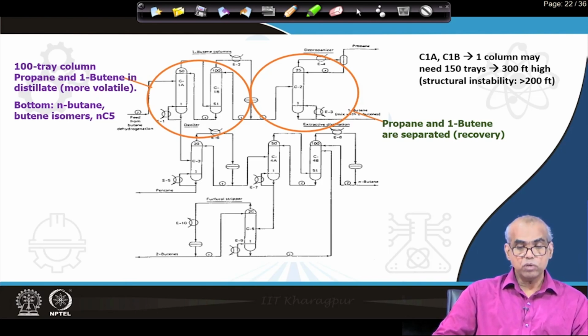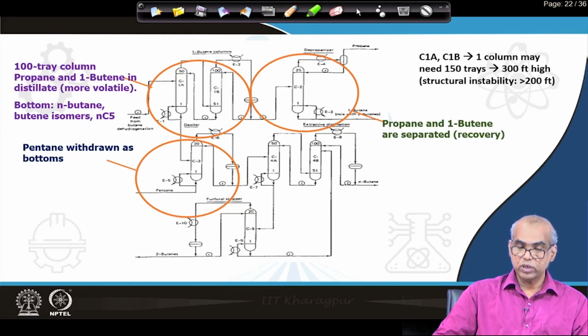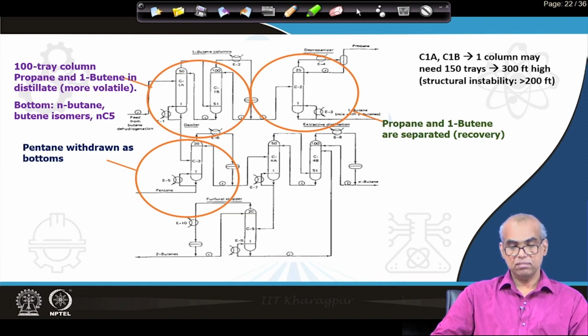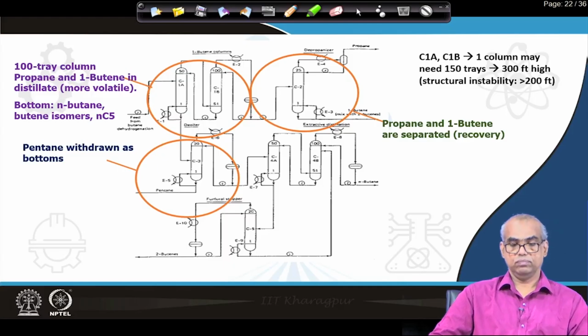Now, the bottom stream from the C1A, C1B column essentially contains N-butane, cis-2-butene and trans-2-butene isomers and N-pentane. This bottom stream goes to column C3, where pentane is withdrawn as bottoms.